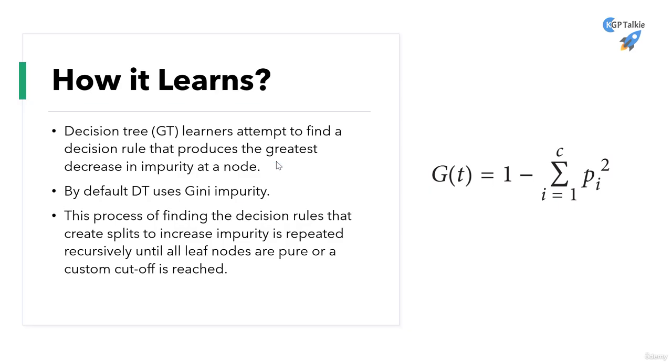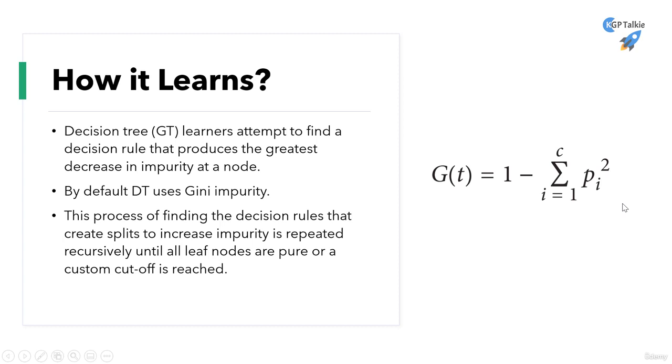Decision tree learners attempt to find a decision rule that produces the greatest decrease in impurity at the node. By default, a decision tree uses Gini impurity, and the formula of Gini impurity is like this.